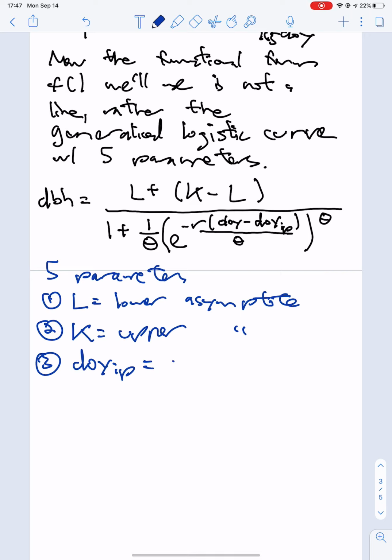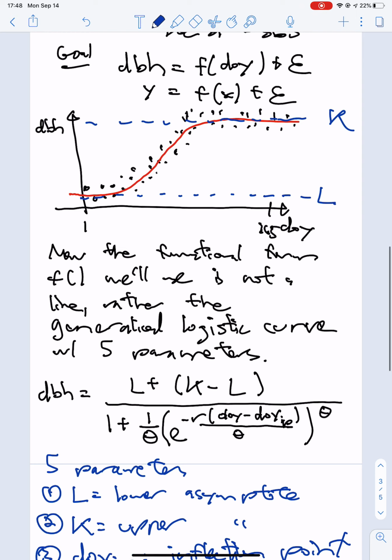DOYIP is the inflection point of the curve. The inflection point of a curve is, in this case, right about here. DOY inflection point. It is the point at which the curvature of the S changes.